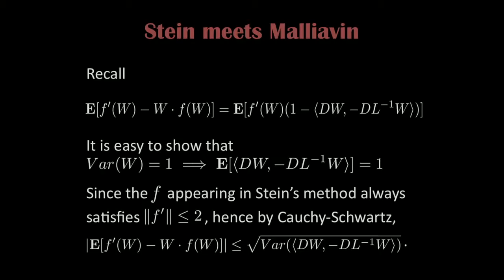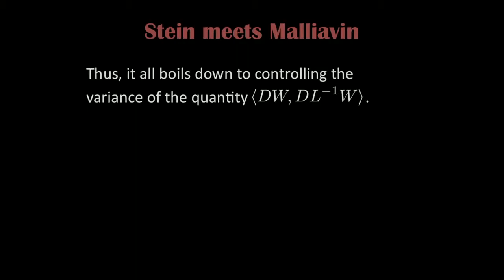W is this explicit thing we are trying to prove close to normal. Just take this DW, DL inverse W, work it out syntactically, and we are just trying to prove the variance is bounded. This is potentially much simpler. So it all boils down to controlling the variance of this quantity. This is how Stein's method and Malliavin calculus interact with each other.